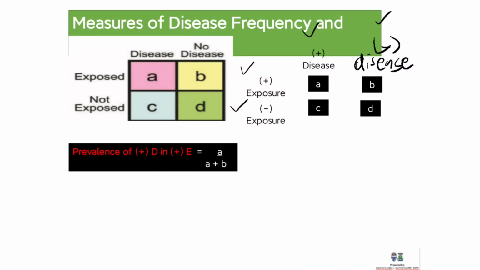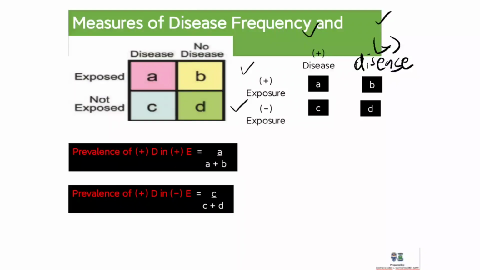Yan. So, prevalence of disease, yung may disease outcome with the exposed group. Okay? So, A over A plus B. Pag prevalence naman of the diseased individuals, no? Yung mga positive with the disease outcome in the unexposed group, C over C plus D.